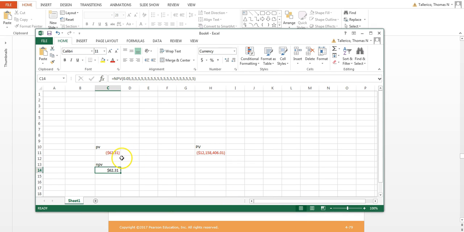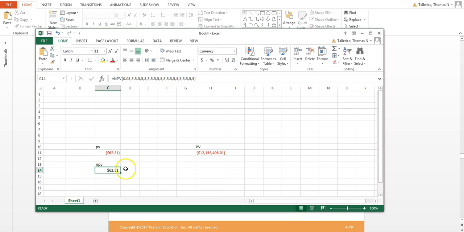Now the only difference is you'll notice this one is negative and this one is positive. And why is that so? Because NPV assumes that you're going to have your cash flows minus your initial investment, and the rule for net present value is as follows: if the cash flows are greater than your initial investment, then you do the project.